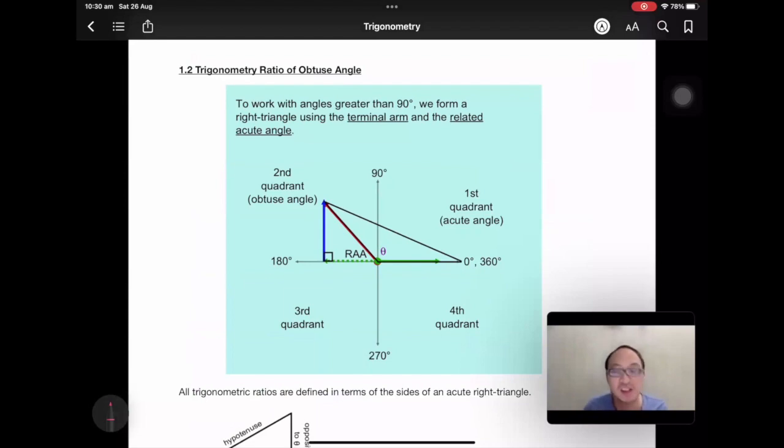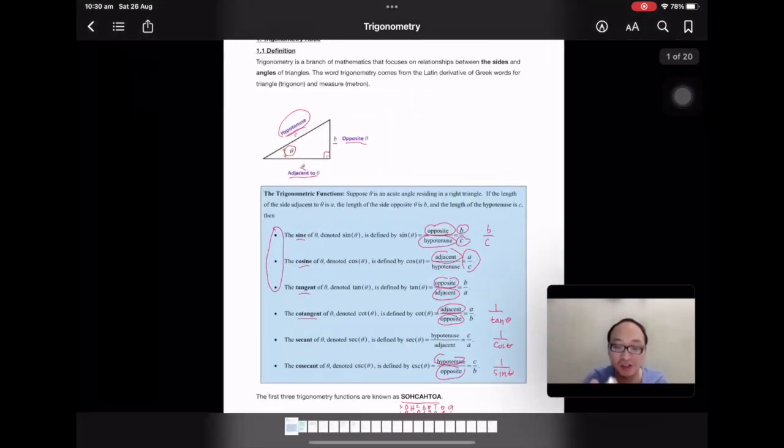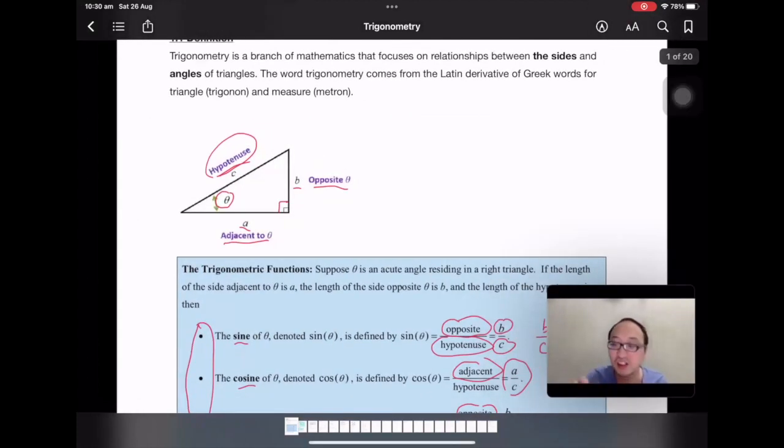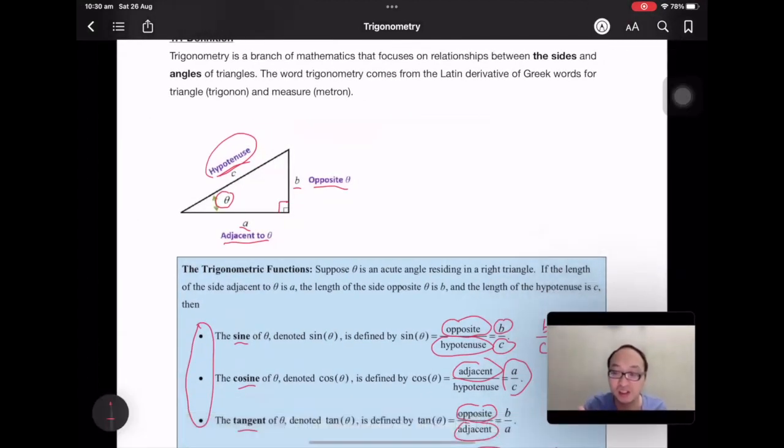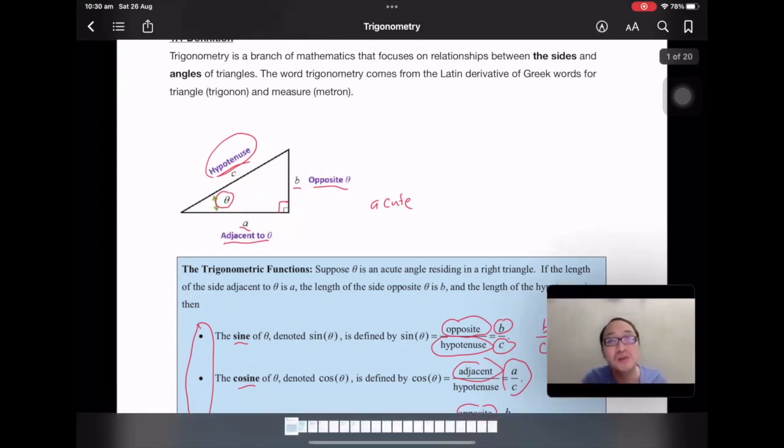Trigonometric ratio of the obtuse angle. If we see from the definition, the theta in the right angle triangle is always an acute angle. So how do we find the trigonometric ratio of the obtuse angle?